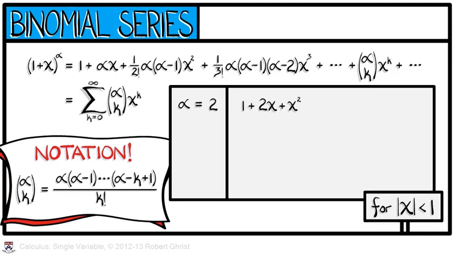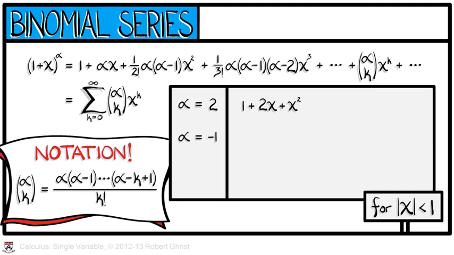That simplifies to x squared. All other terms involve an alpha minus 2. Hence, the coefficients are 0. And we obtain, of course, what the Taylor series for this polynomial must be.